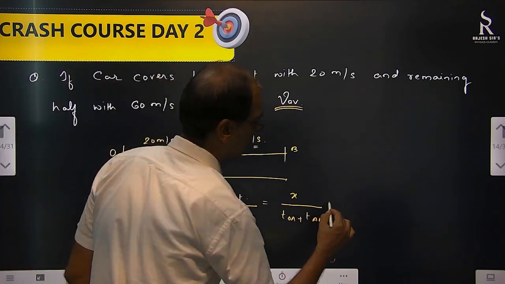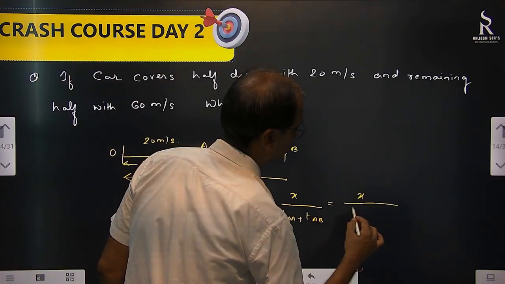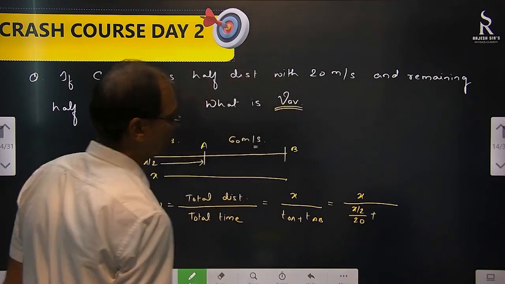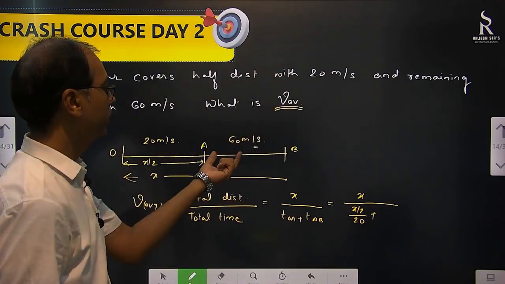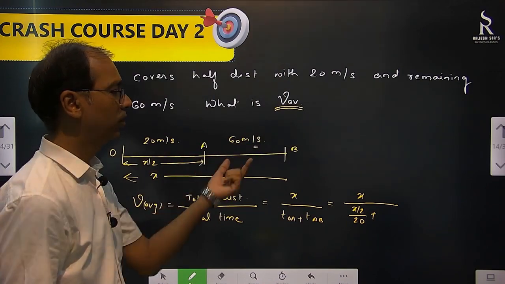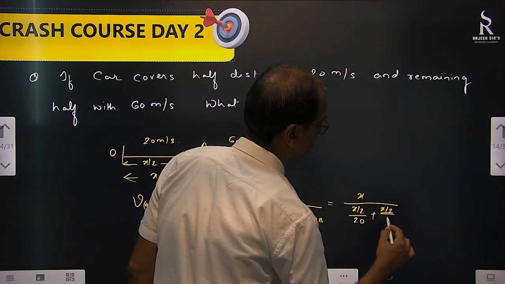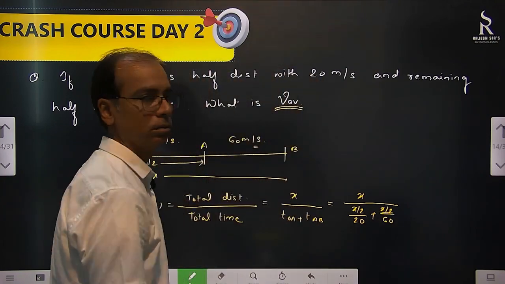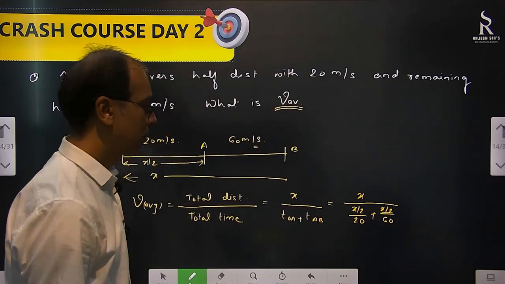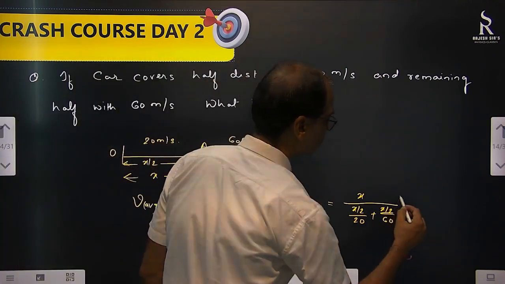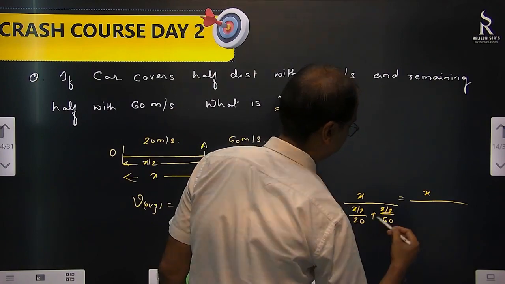Okay. So x by 2 by 20 plus, in this one also we know the speed and we also know the distance. So here also time we can find. What is that? X by 2 by 60. Correct. That's all. So x, now here we have to take LCM.